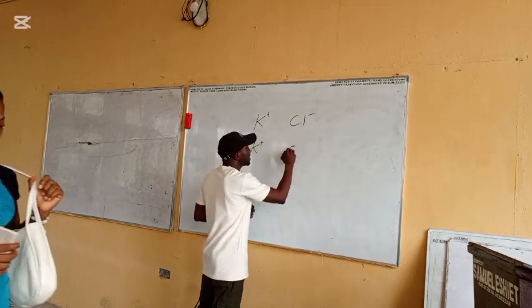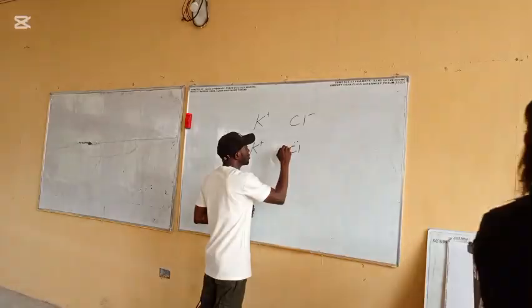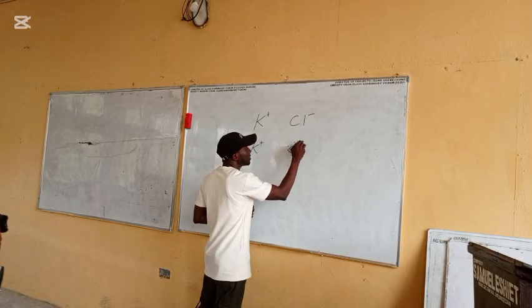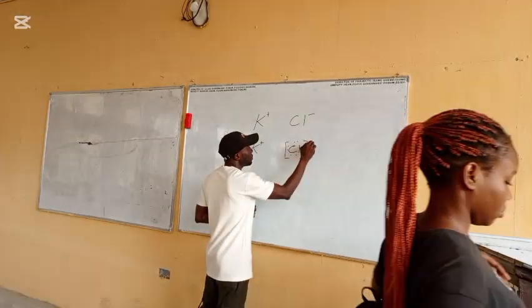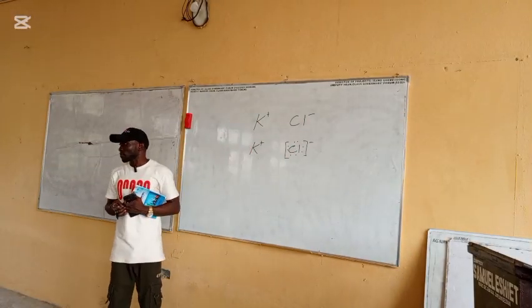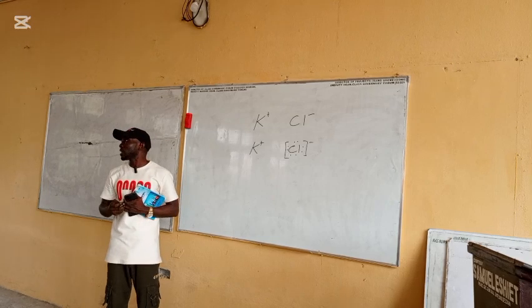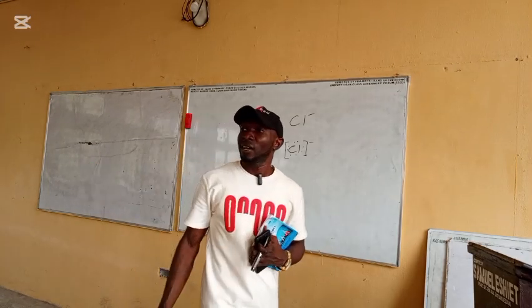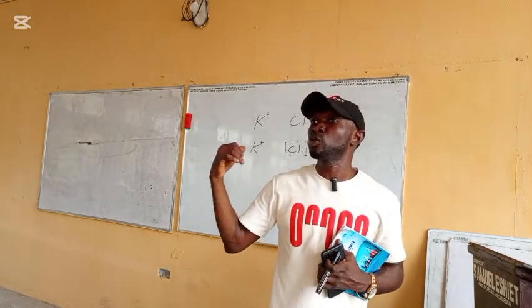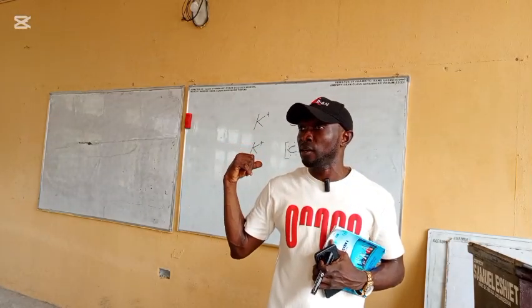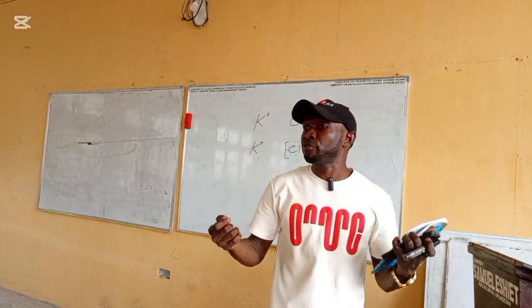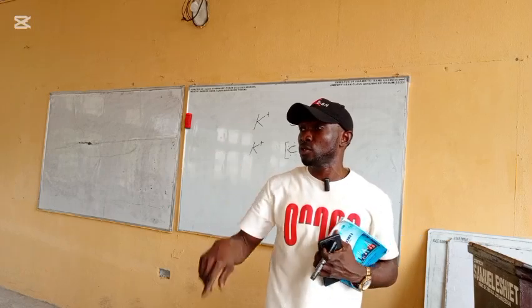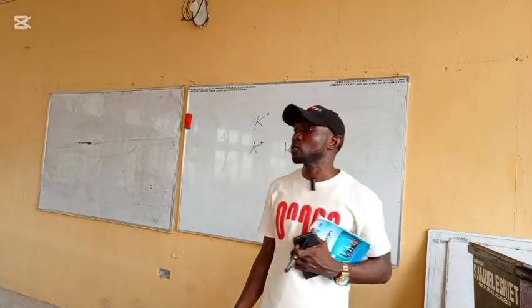Cl, 1, 2, 3, 4, 5, 6, 7, and 8 dots. What's outside here? Minus. Now have you not noticed that the atomic cores for cations are also the same as the Lewis symbols? Whereas for anions, they are different because you have to represent the dots. Beautiful. Move on to the next one now.